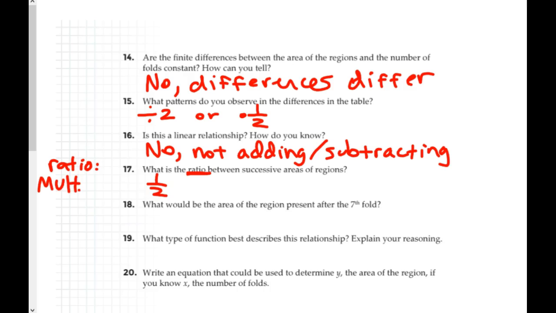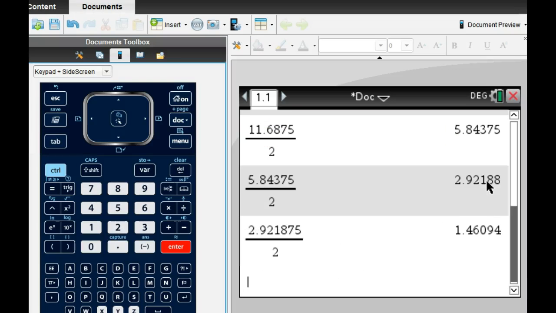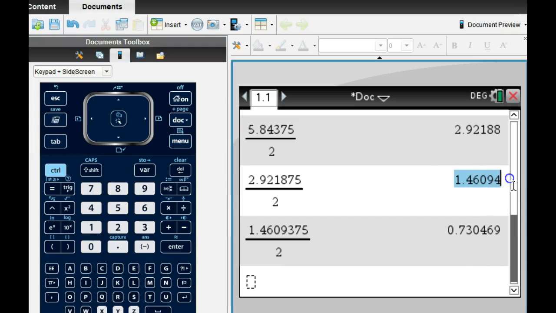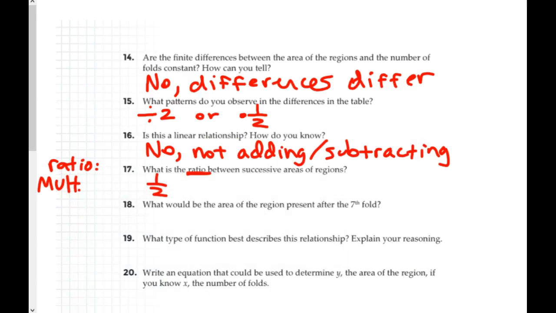What would be the area of the region present after the 7th fold? Now, again, this was our last one. We hit enter again. This was our 6th fold. Here's our 7th fold, 0.73. So you can keep the pattern going. Inches squared, right? Or you could find the equation and look at the table.